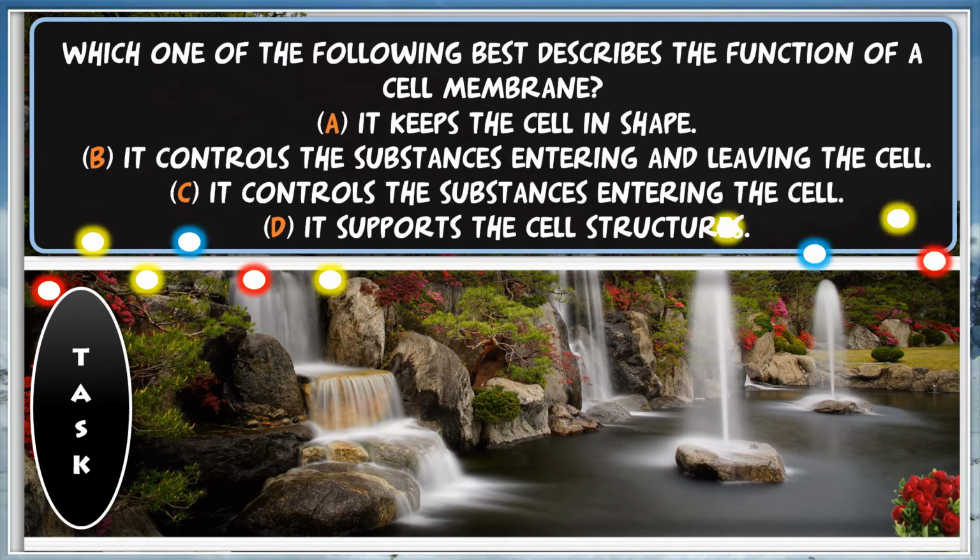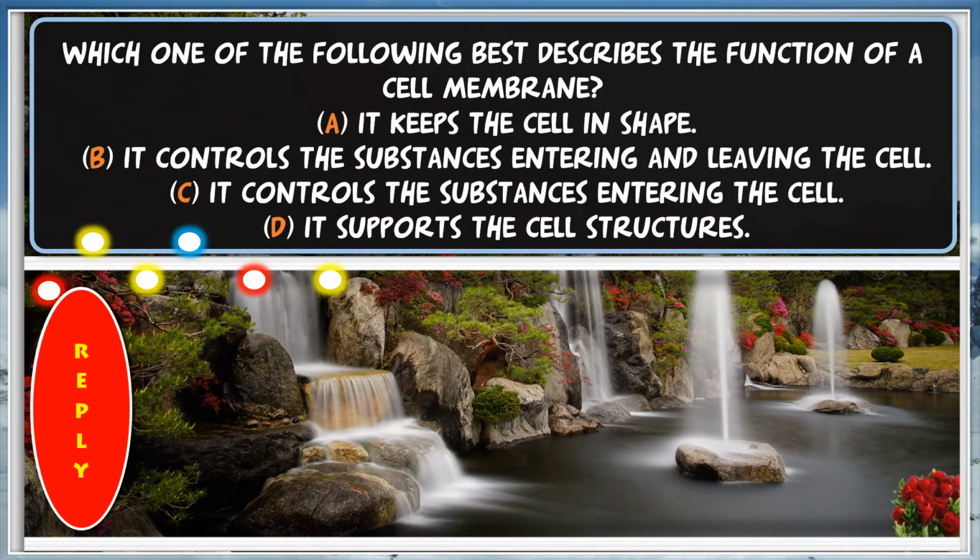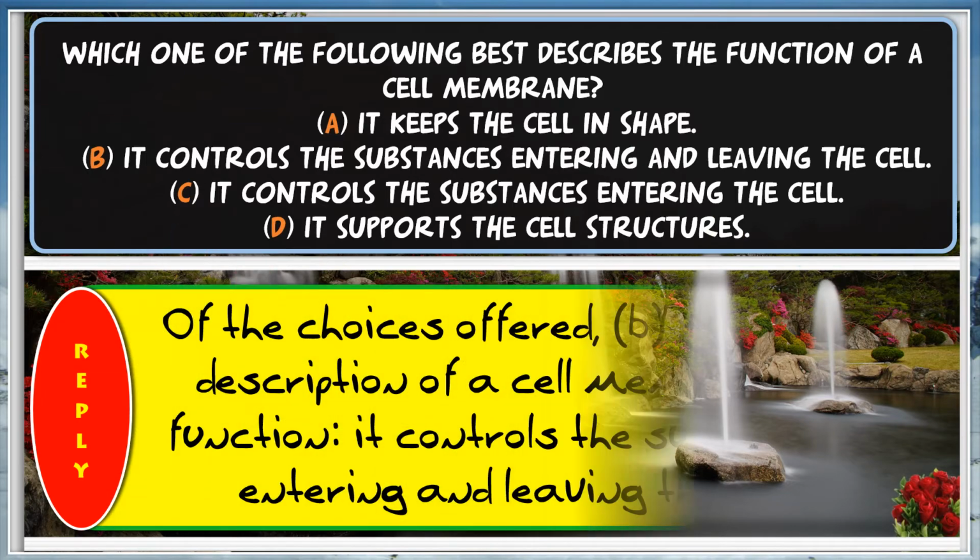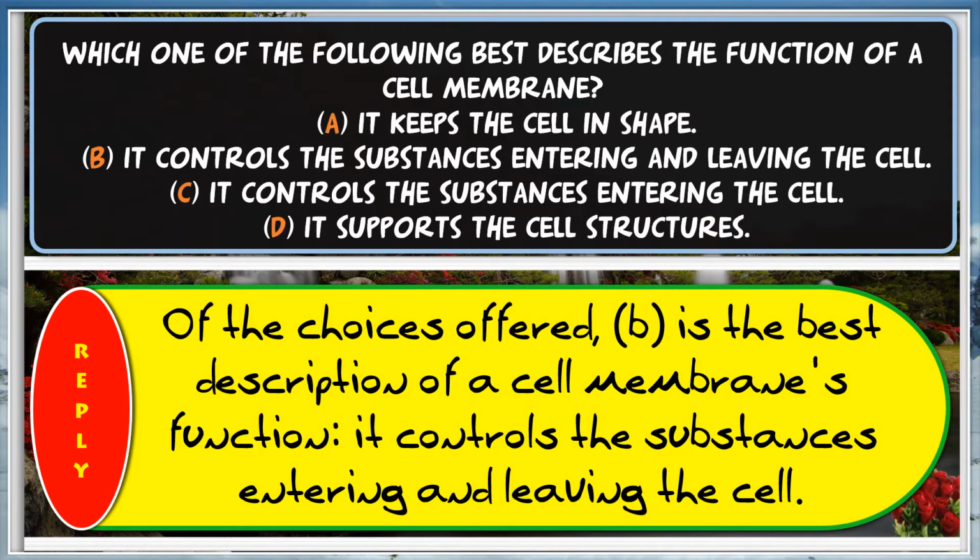And D. It supports the cell structure. Of the choices offered, B is the best description of a cell membrane's function. It controls the substances entering and leaving the cell.